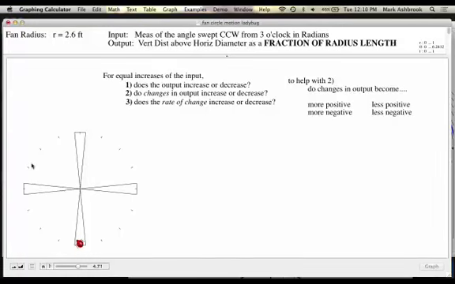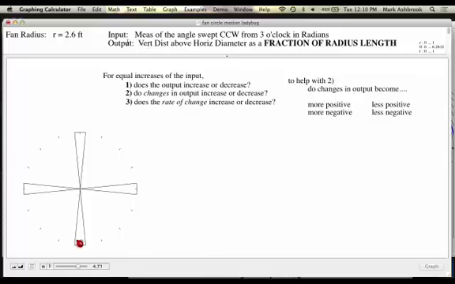The angle measure is 1.5 pi here. But as a fraction of the radius, how many radius lengths is it now below the horizontal diameter? It's 1, but the quantity says above. So the value of this quantity is negative 1.